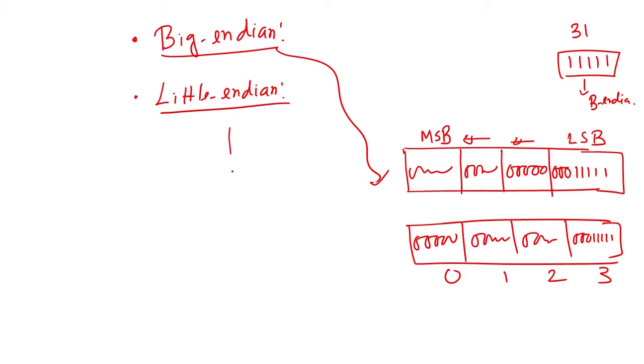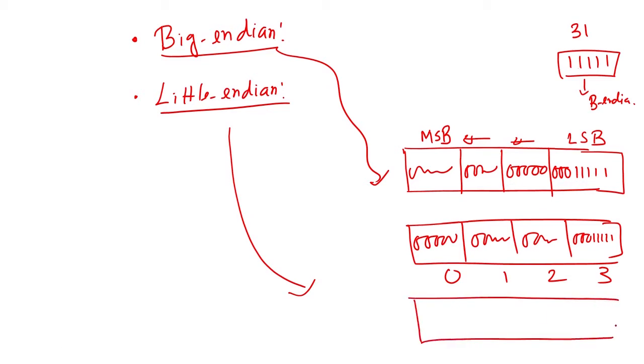Now, if you represent it in little endian, the representation will be reversed. So, this is 0, this is 1, this is 2, this is 3. So, this part will appear here. Okay. The others will be 0. So, done.